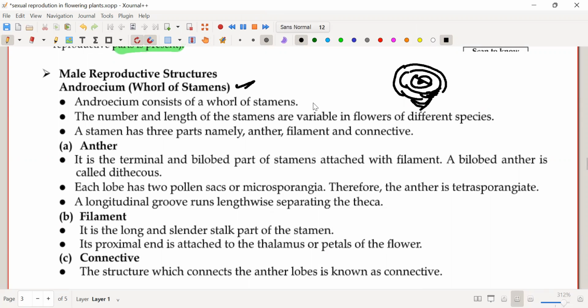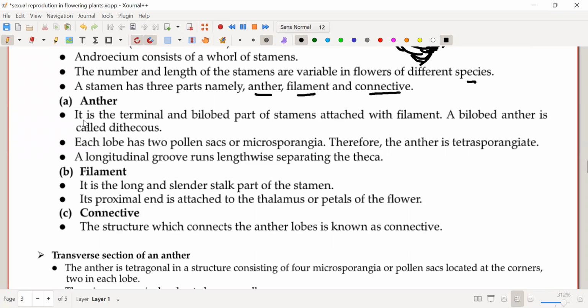The number of stamens may be a minimum of 5 or multiples of 5, and in some cases, there is a large number of stamens too. The number and length of stamens are variable in flowers of different species. A stamen has 3 parts, mainly anther, filament, and connective. What is an anther?